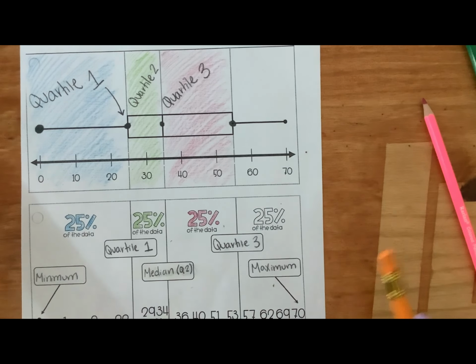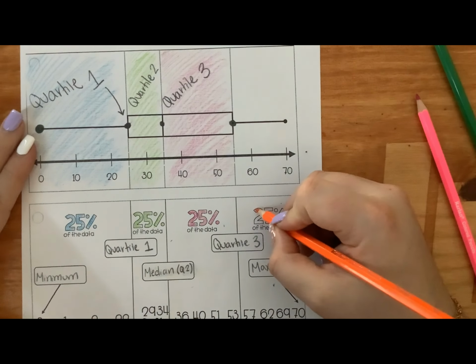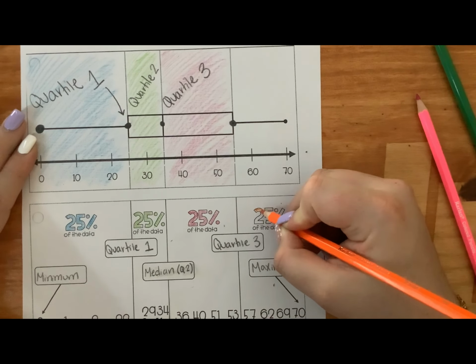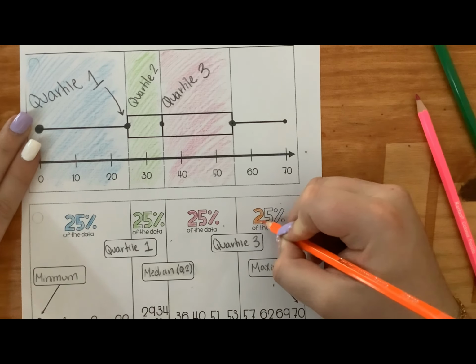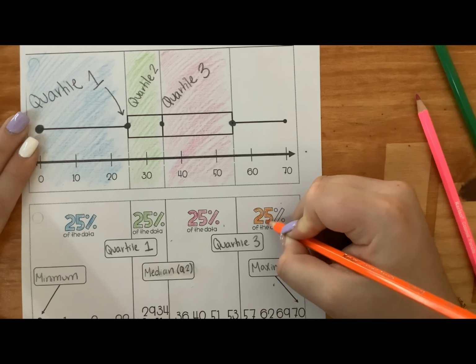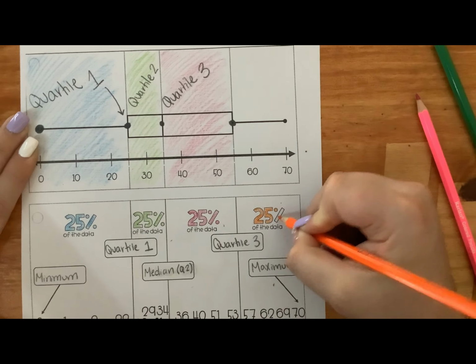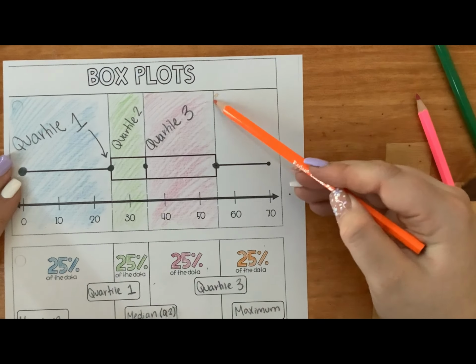Okay, and then last but not least, we have quartile 4, representing the last 25% of my data. Which would be down here or up here.